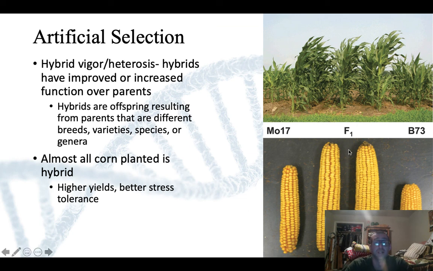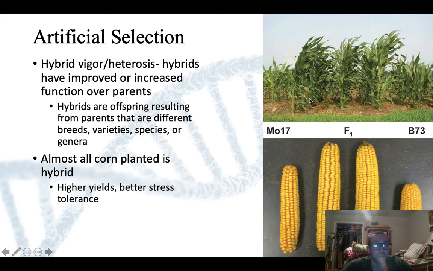And it's because these hybrids have so much better function than parents. Look at the size of them. Their growth, their yield is greater than either parent. Right? If we look at corn cobs, look at the size, the amount of kernels, etc. All is improved, yield is improved with hybrid corn.